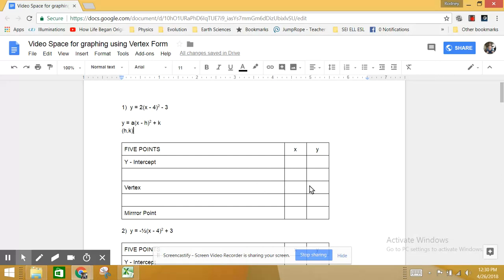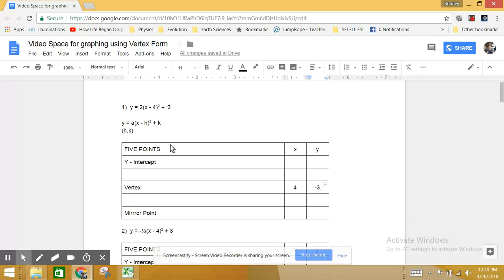So our x value is going to be 4. And our y value for our vertex, instead of plus k, we have minus 3. So that's the same as plus negative 3, which means our k is negative 3. So we have a vertex point at (4, negative 3).